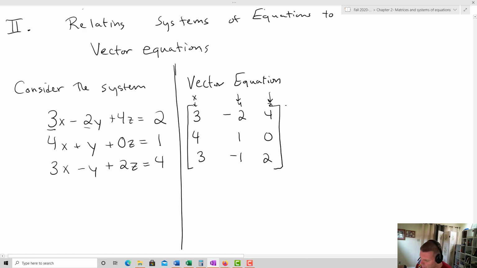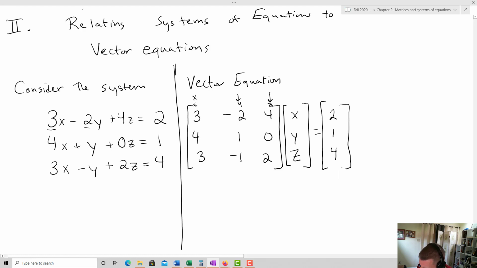And what I'm going to claim is that when I multiply this by the vector x, y, z, and set it equal to 2, 1, 4, I'm going to get a completely equivalent system. If I do this multiplication, like I've been doing with matrix multiplication, I'm going to get this very same system of equations.